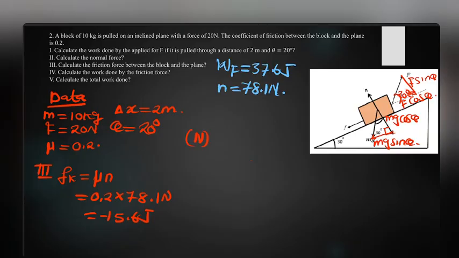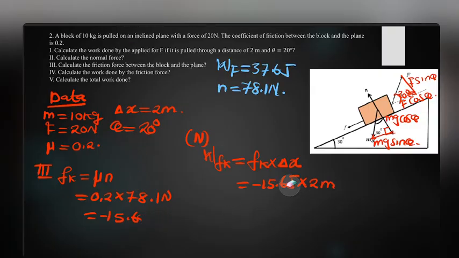Then part 4 says calculate the work done by the friction force. So the work done by the friction force is the friction force times the change in displacement. The friction force is negative 15.6. I'm sorry, the units should be newtons, not joules at all.